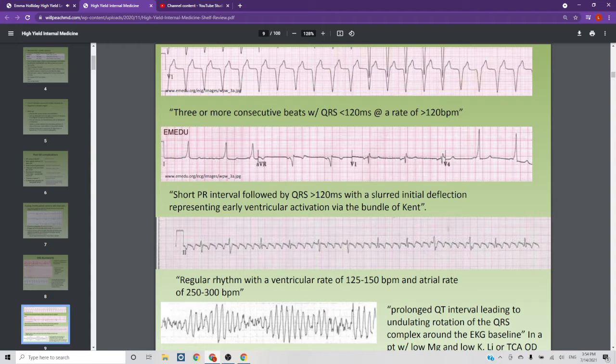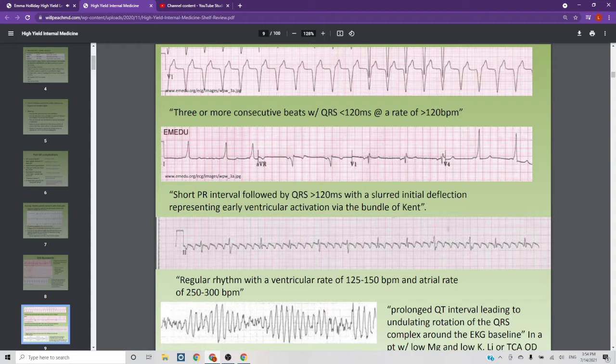Maybe it's not the best example I could have found on the internet via Google image, but that is supposed to be a delta wave. So then what does that mean this rhythm is? Yeah, it's WPW. It's Wolff-Parkinson-White. So they might describe it as a short PR interval followed by QRS greater than 120. So this is a wide QRS complex with slurred initial deflection representing early ventricular activation through that bundle of Kent.